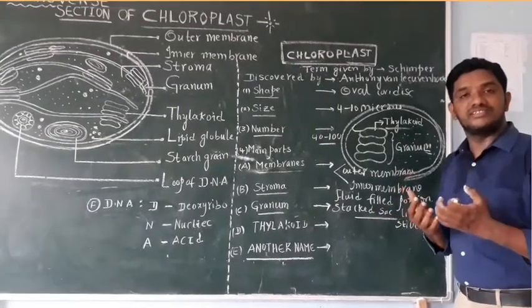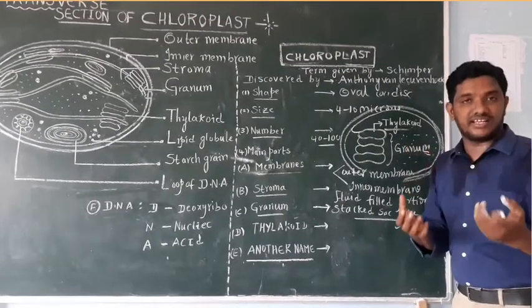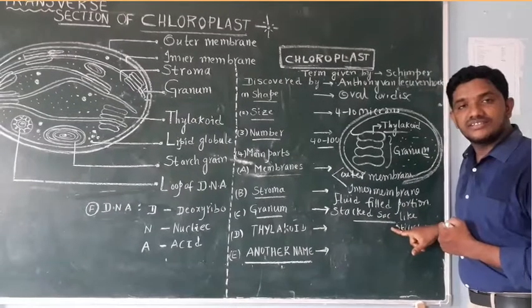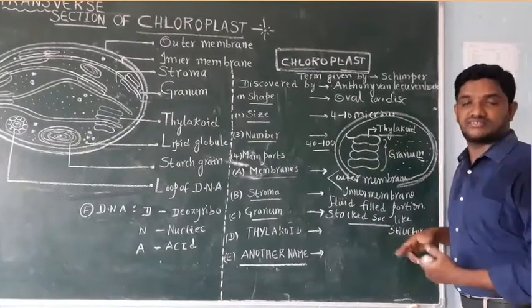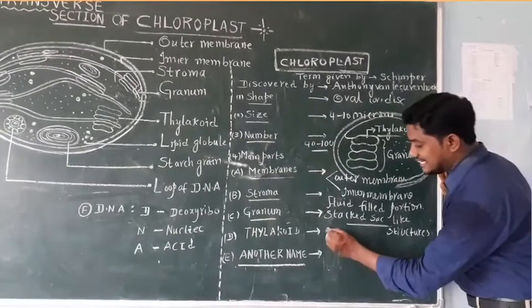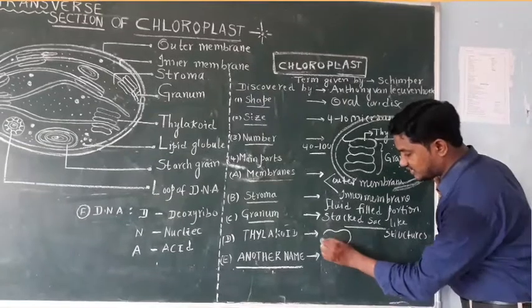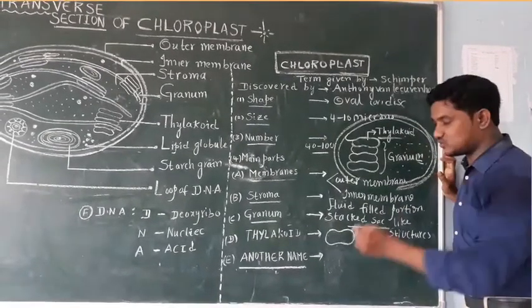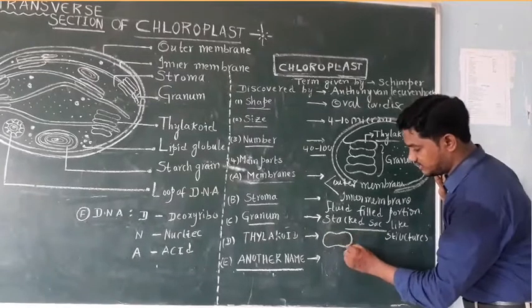Granum helps in capturing the sunlight, which contains chlorophyll pigments. Next, thylakoid. A single membranous structure is called thylakoid. A single sac-like structure is called thylakoid. This is thylakoid.